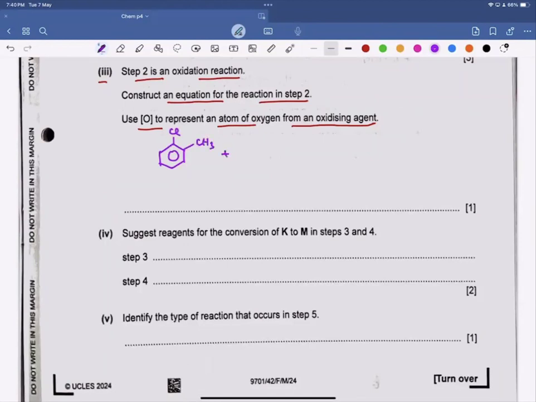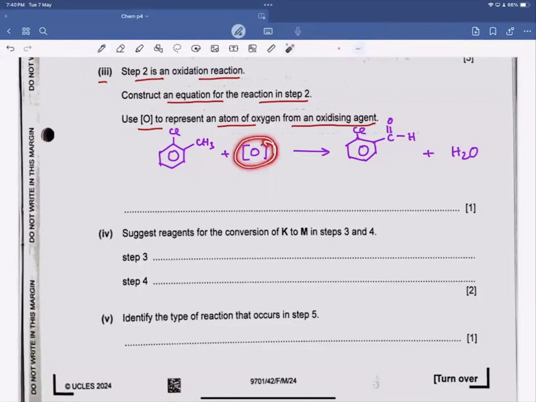Then over here, I'm going to put oxygen, and then in the product, I convert the methyl into an aldehyde, CHO. So see how many hydrogens have been lost? 2 hydrogens have been lost, so they will form water. So if you see, 2 oxygens have been used from this, one oxygen is bonded over here and the other oxygen comes over here. So to balance the equation, I will need to put 2 over here.